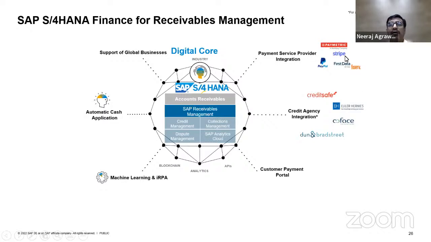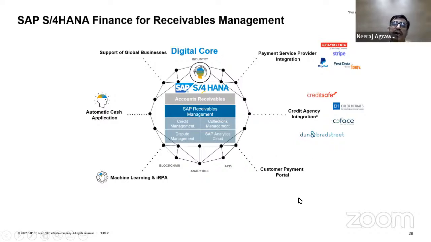So next, similarly, things you can do with the payments, where you have the payment providers, where you can do it much more easily. Then you can integrate with the credit agencies, and your credit management could become much simpler, where you can automatically get the ratings from the credit agencies, whether a customer is a risky customer, high risk, low risk, what kind of risk the customer brings.